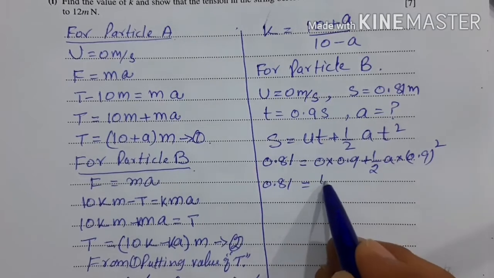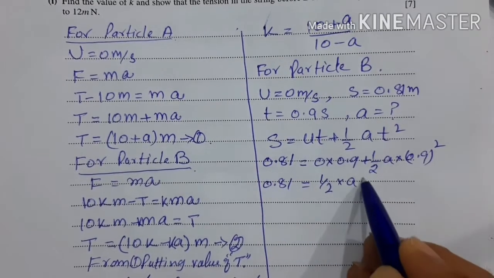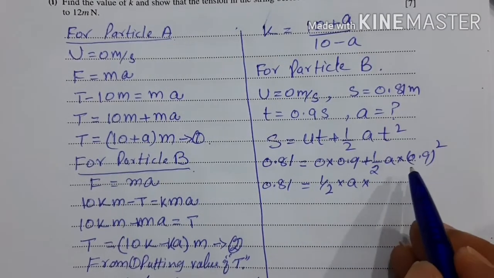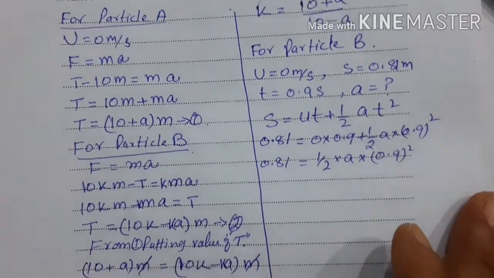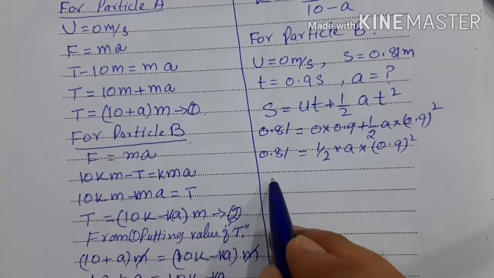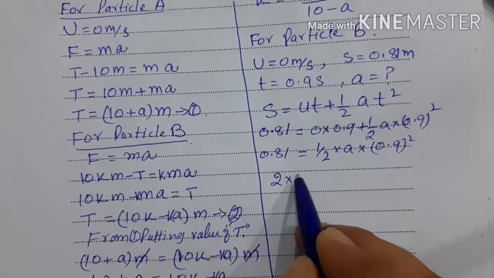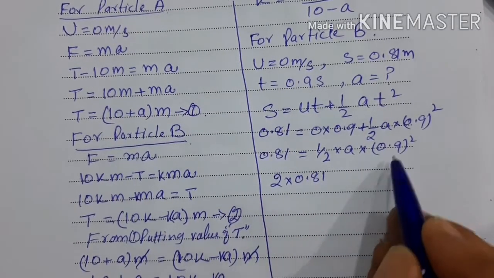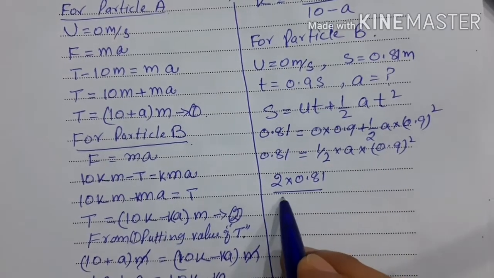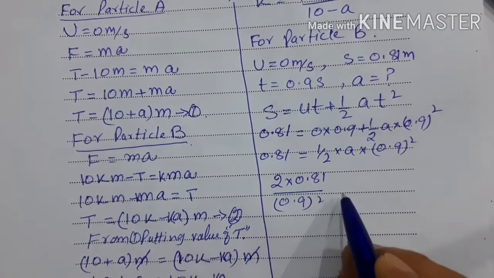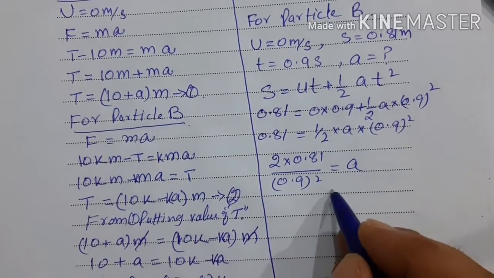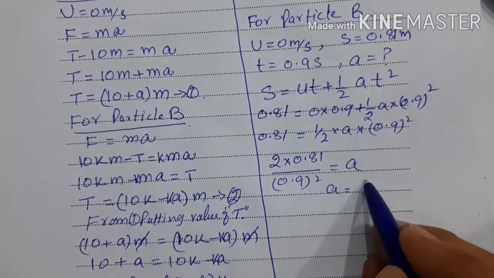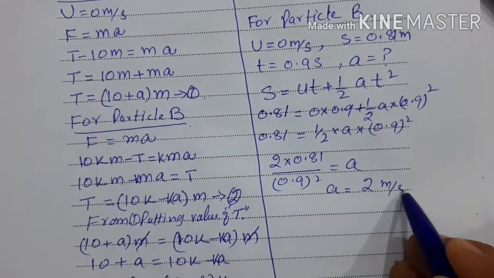So 0.81 is 1 over 2 a into 0.9 squared. So take 2 on the other side. It will be 2 multiplied by 0.81 divided by 0.9 squared, which will give a is equal to 2 meters per second squared.